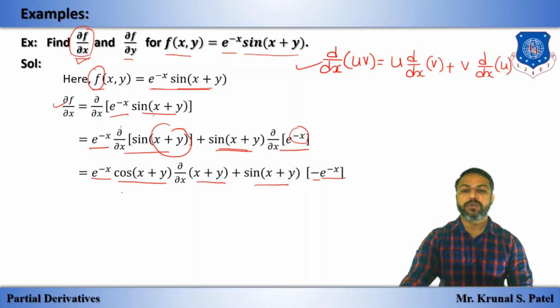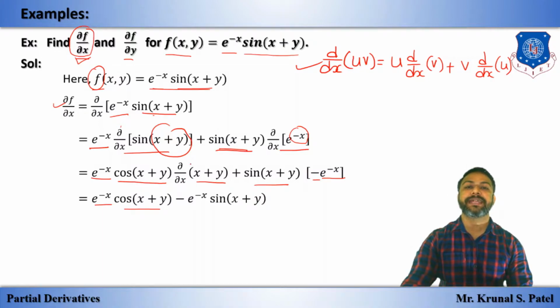Now this is equal to e^(-x) as it is, cos(x + y) as it is, and the differentiation of this term, that means ∂/∂x of (x + y). Let's have a look here.